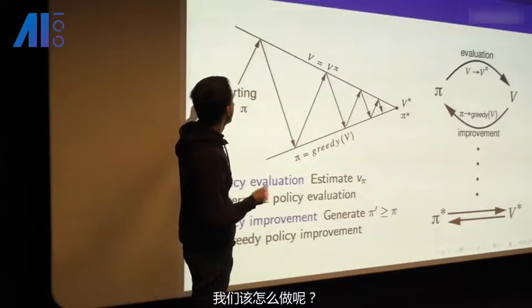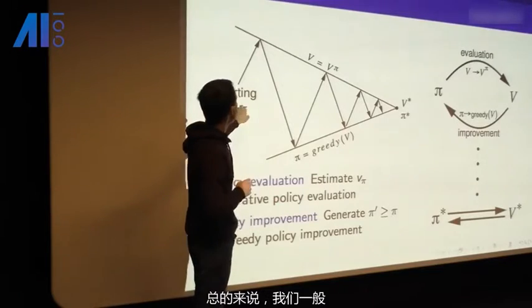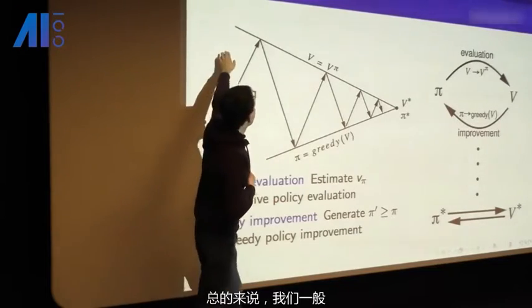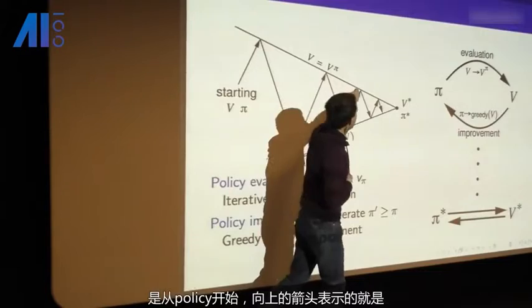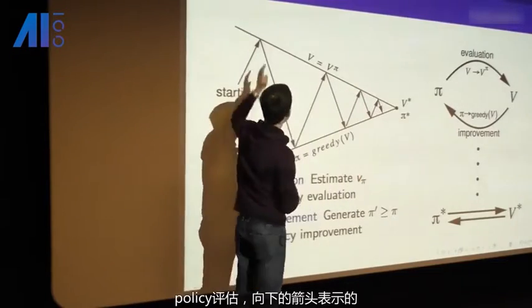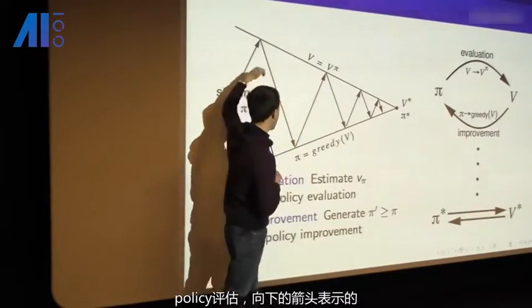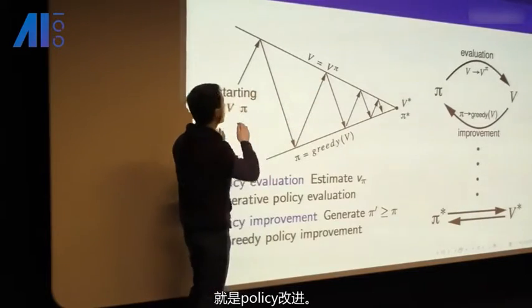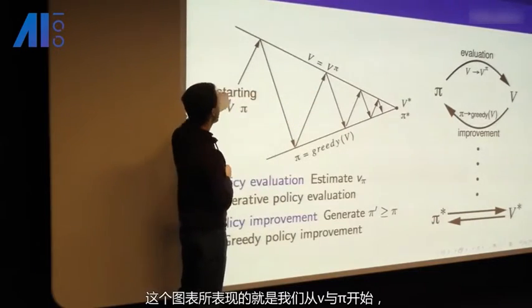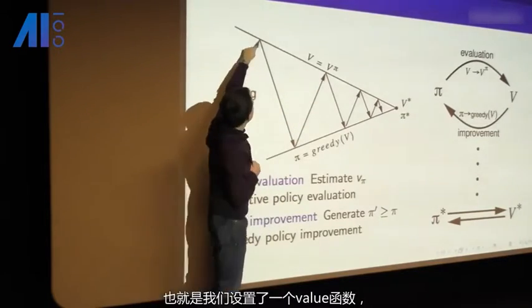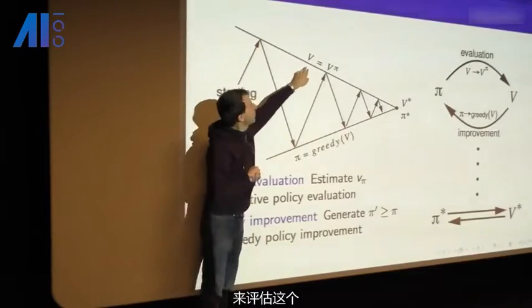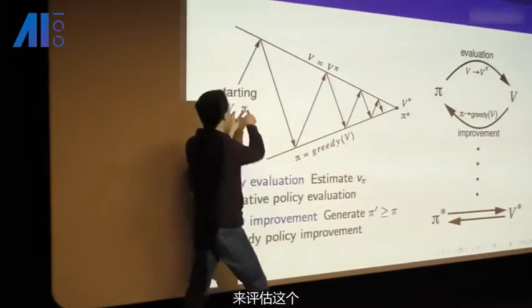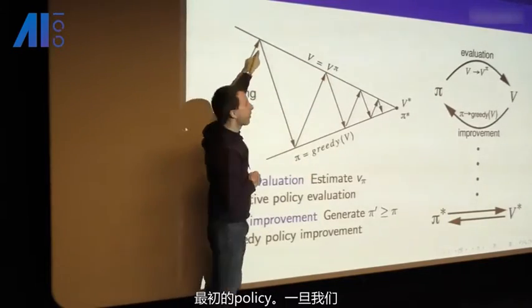We're going to do policy evaluation on our up arrows, and policy improvement on our down arrows. So this diagram illustrates that we start off with a v and pi, and we set our value function to evaluate exactly this initial policy on this first arrow.